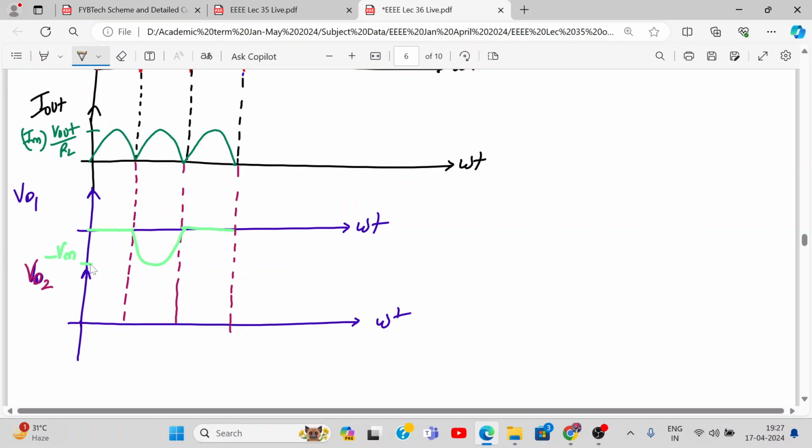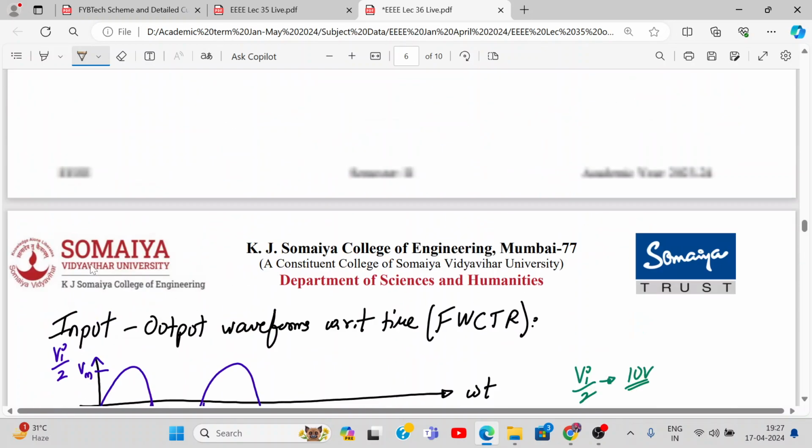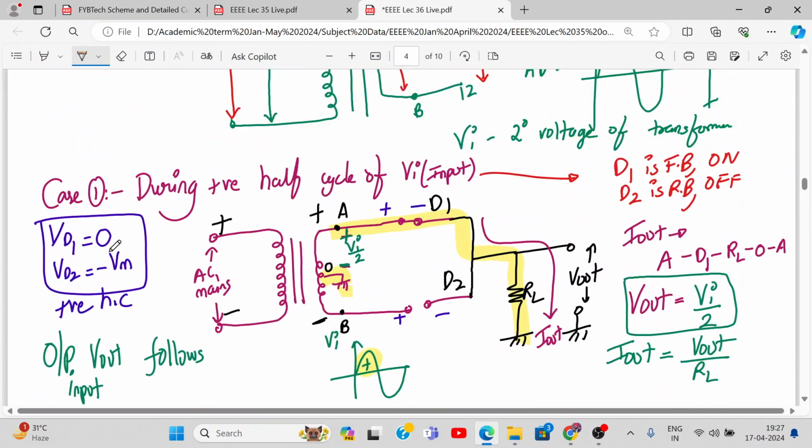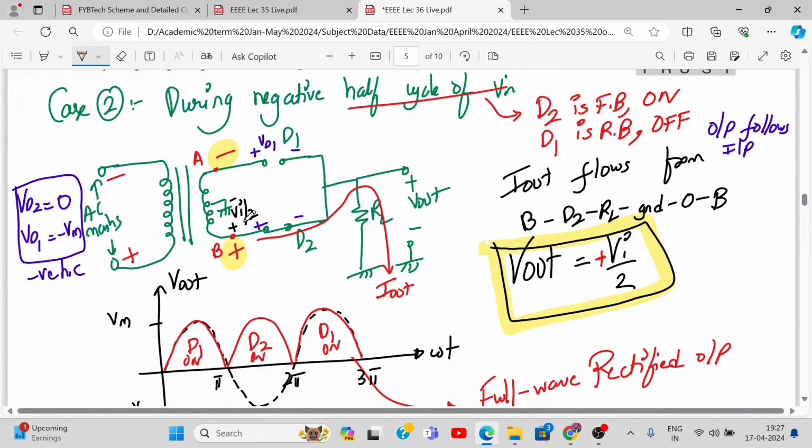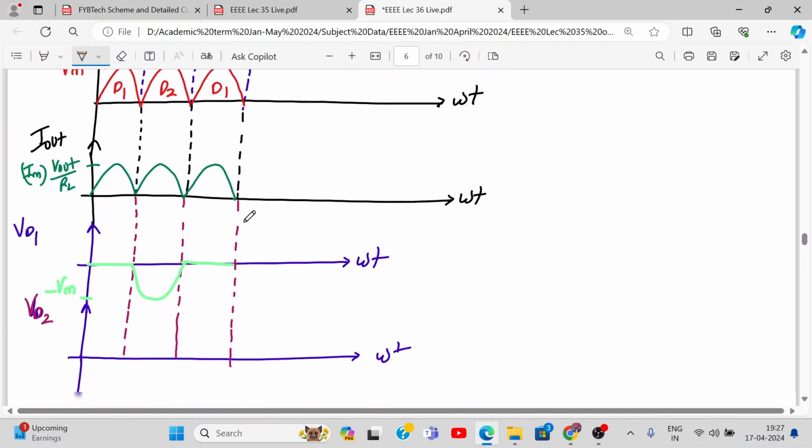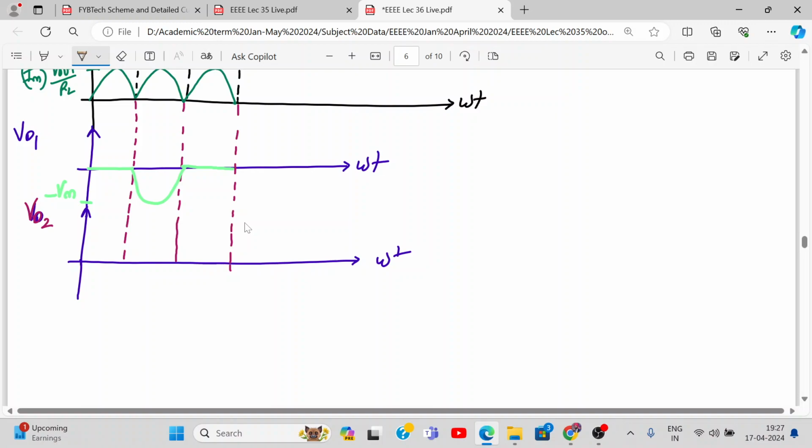Okay. And what about VD2? VD2 is minus Vm in the positive half cycle and 0 in the negative half cycle. So this is VD1, this is VD2.